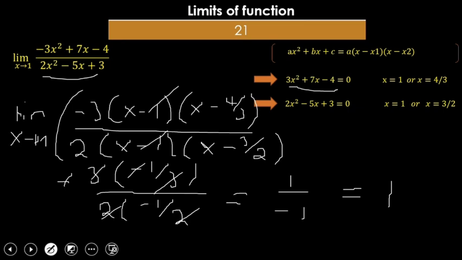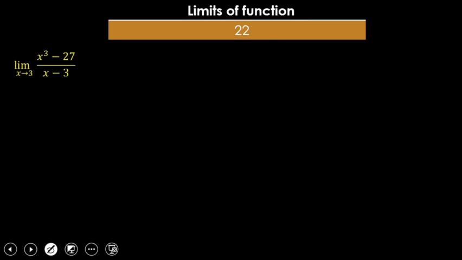Sorry, proceeding with this. There is question number 22. Limit as x tends to 3 of x cubed minus 27 all over x minus 3. From basic algebra, what do we know? We know that a cube plus b, here is minus. Okay, use an eraser, erase it back.